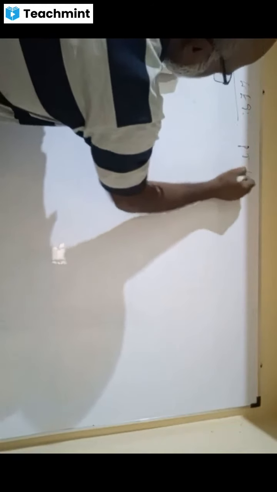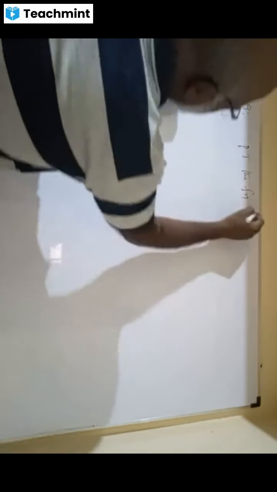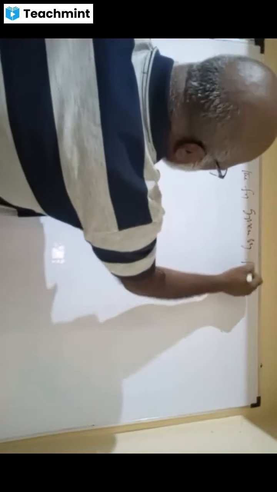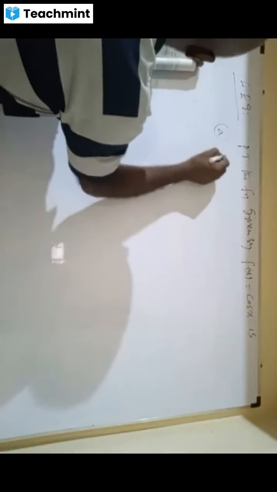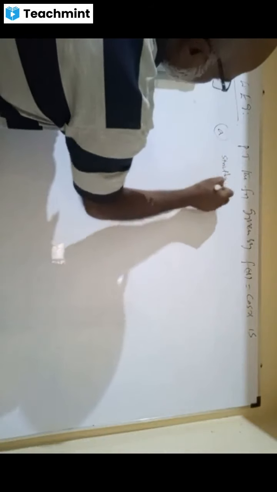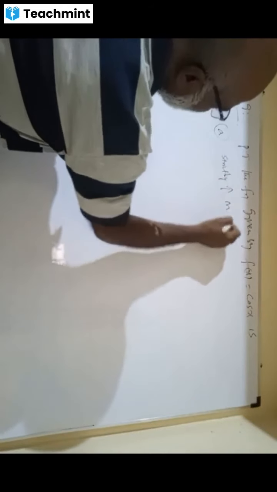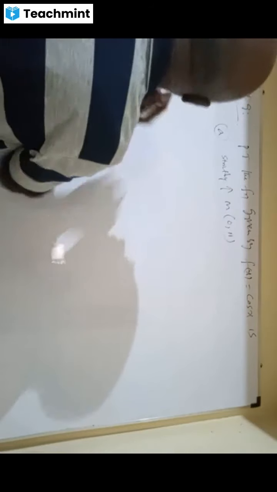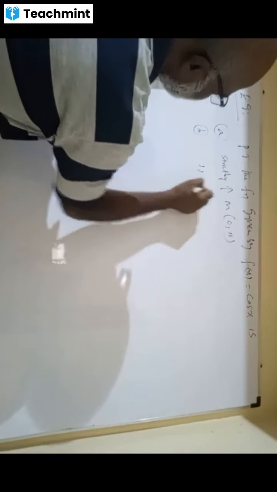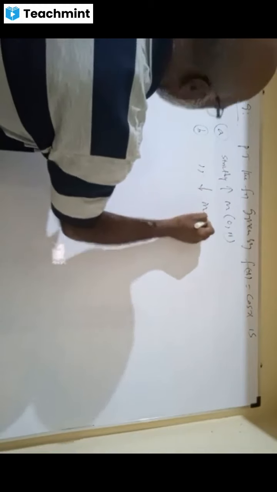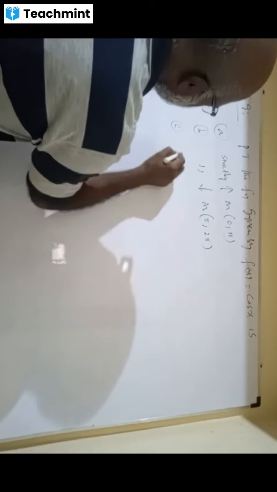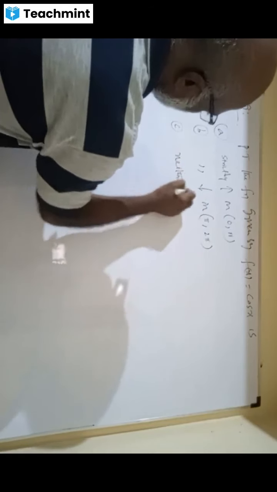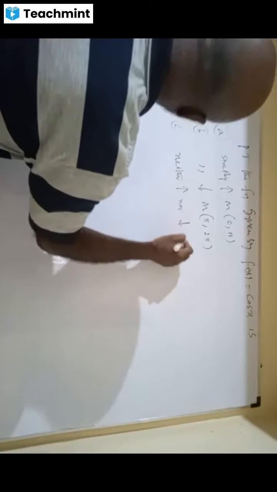Prove that the function given by f of x is equal to cos x is: A, strictly increasing in interval 0 to pi; B, strictly decreasing in interval pi to 2 pi; C, neither increasing nor decreasing in 0 to 2 pi.